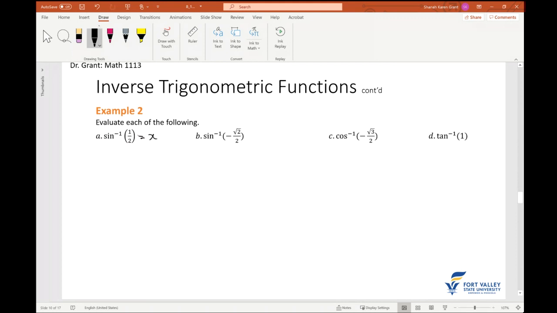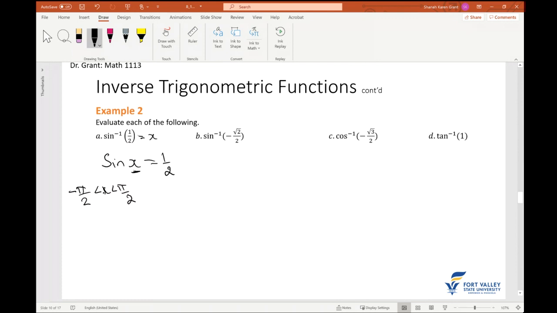So really what we're looking at is what value of x, when I take the sine of it, gives me 1/2, because again, we're flipping the points. We need to figure out what angle, when I take the sine of it, I get a positive 1/2. And we also have to note that x needs to be between negative pi over 2 and pi over 2.